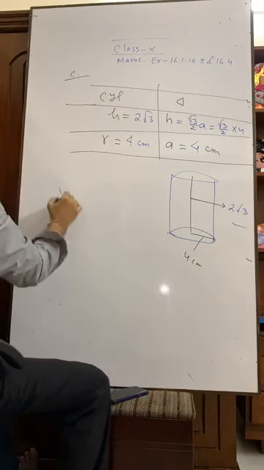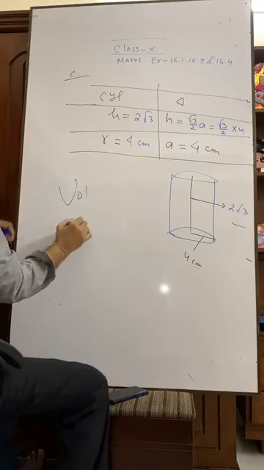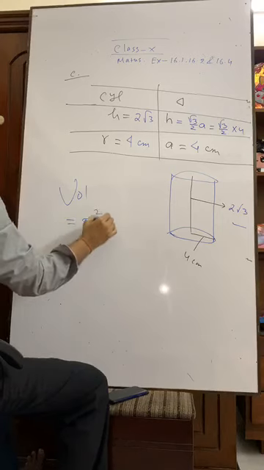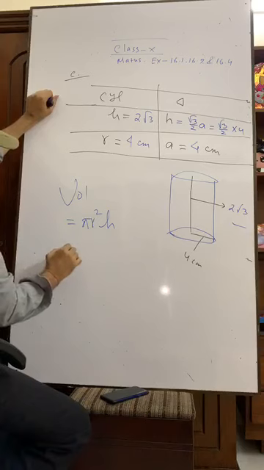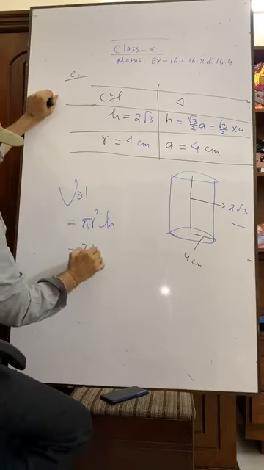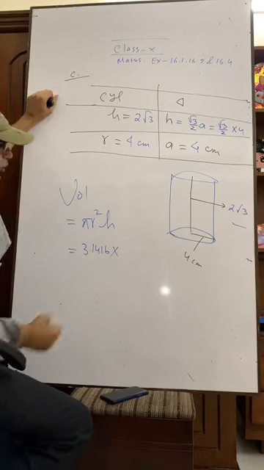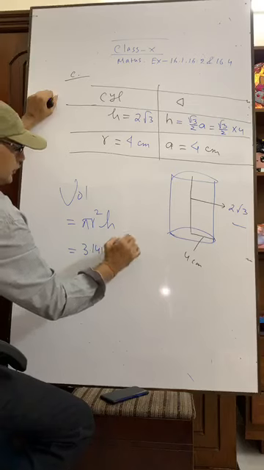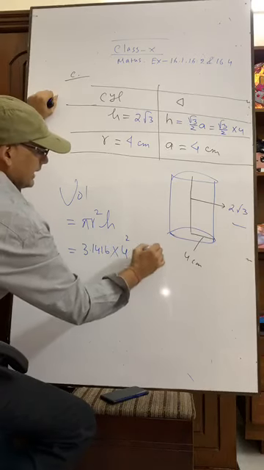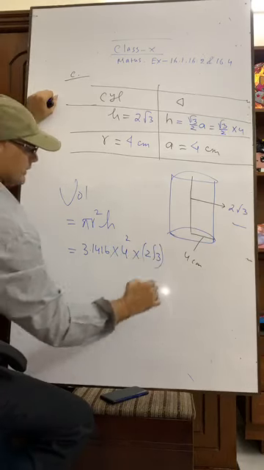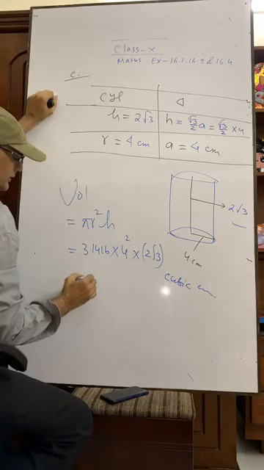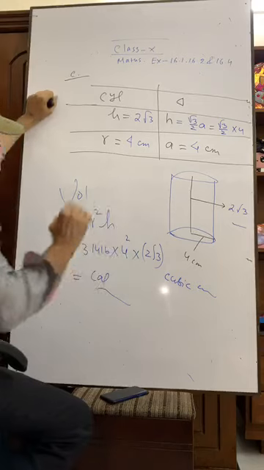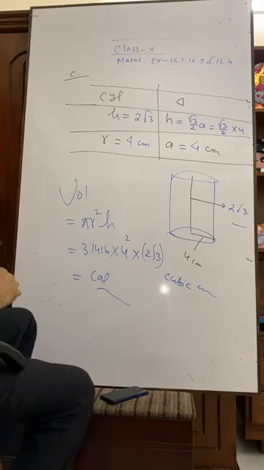So its volume equals pi r square h. What is pi? 3.1416. What is r? r is 4. And the height is 2 root 3, in cubic centimeter. Now use the calculator to get the result.